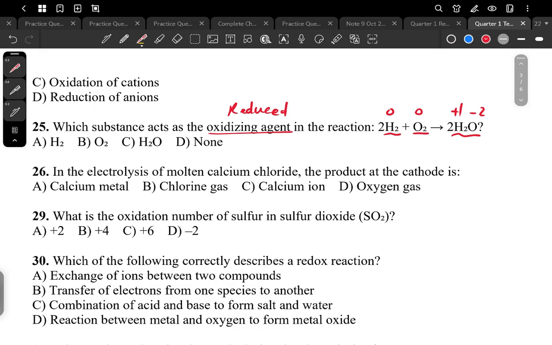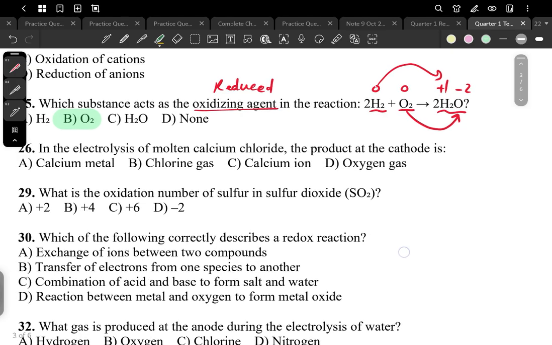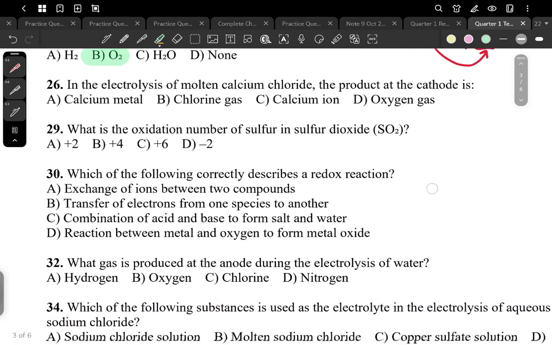From the rules, hydrogen has been oxidized because the oxidation number increases from 0 to positive 1, while oxygen is reduced as the oxidation number goes from 0 to negative 2. So the oxidizing agent, the reduced one, is the oxygen, because it is the one that is reduced when it goes from 0 to -2.